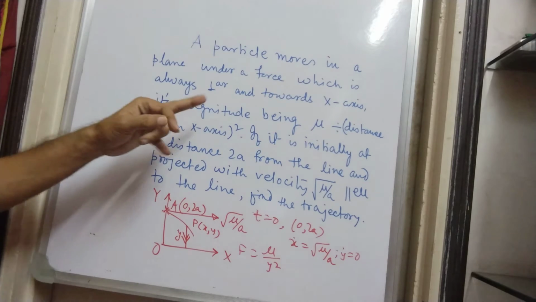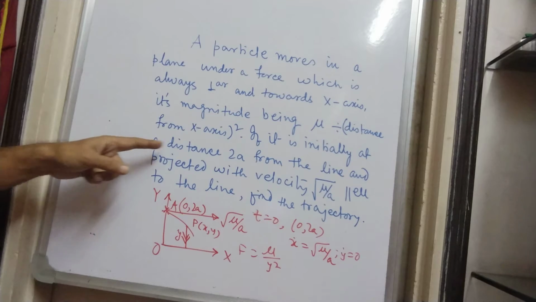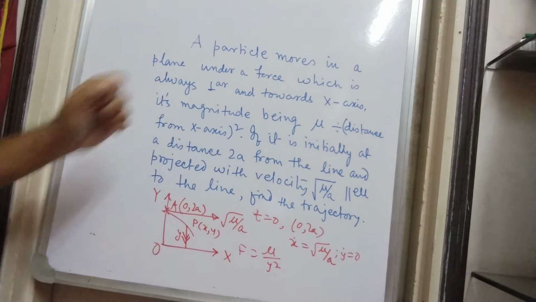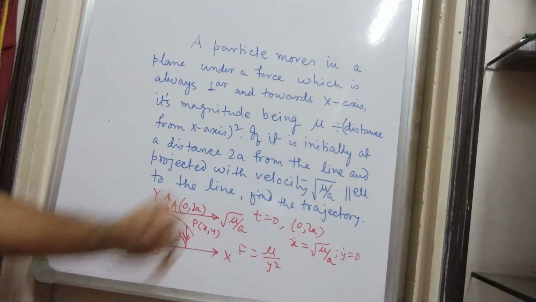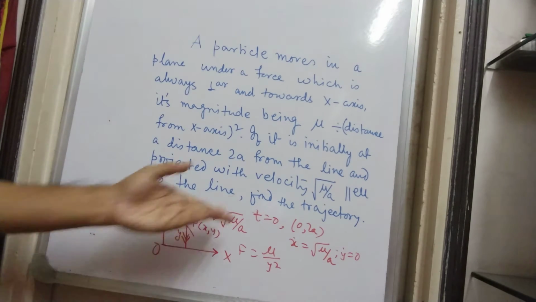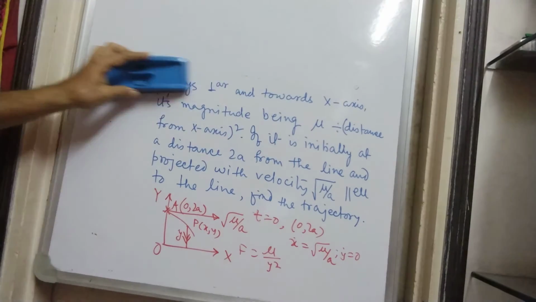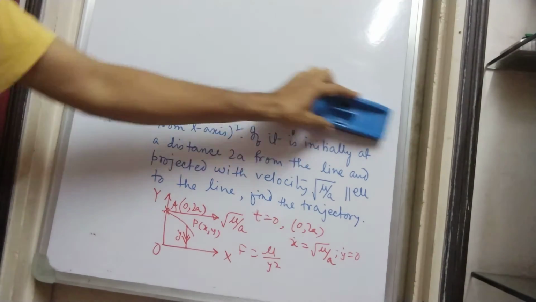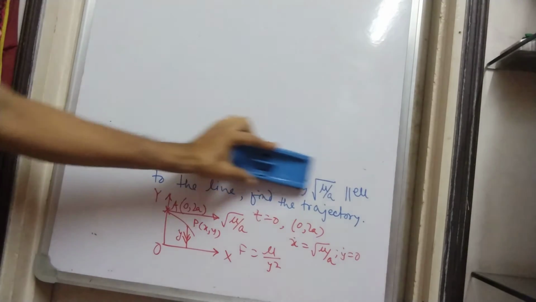Its magnitude being mu by distance from x-axis whole square. If it is initially at a distance 2a from the line, this line is the x-axis actually, and projected with velocity root mu over a parallel to that line, that means parallel to the x-axis, then find the trajectory.